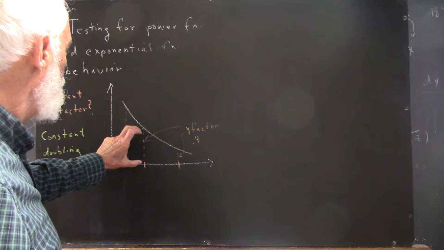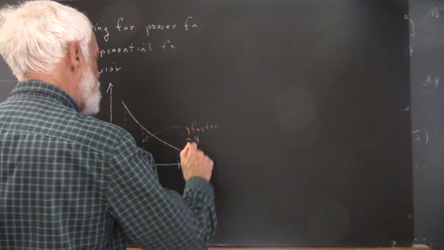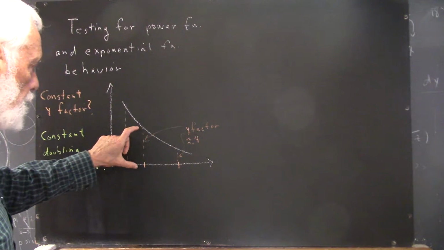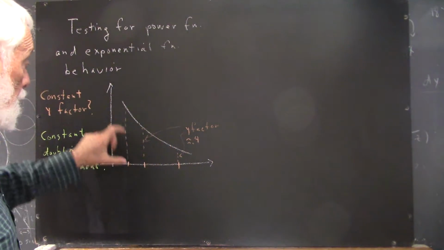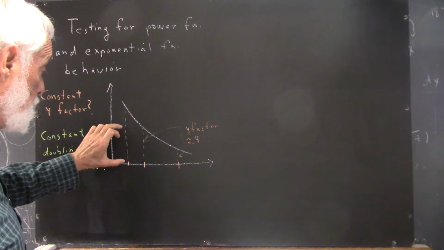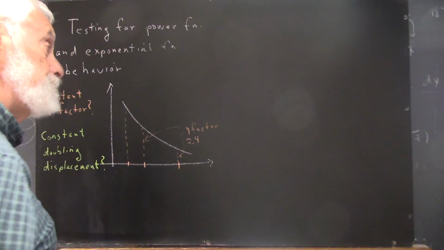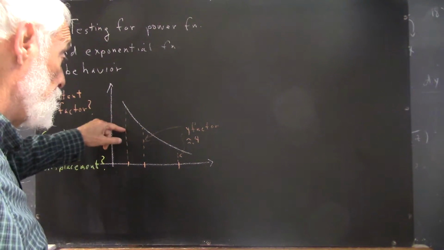Between here and here, the y factor is clearly more than half. Very clearly less than half as we go from here to here. Very clearly more than half as we go from here to here, because this is considerably more than half of this. It looks like it's maybe 2/3.